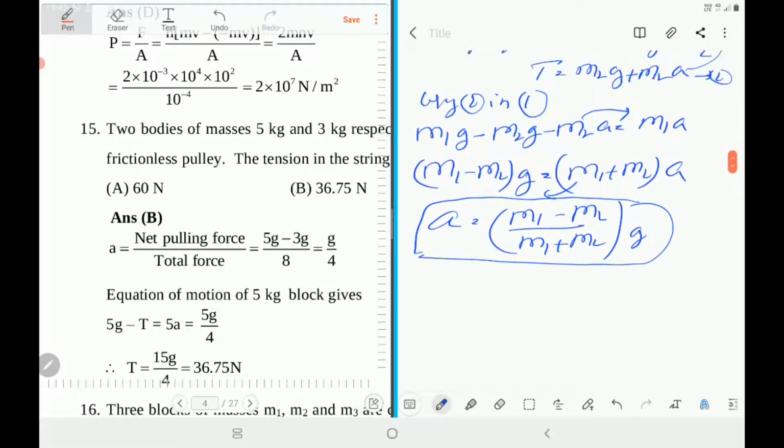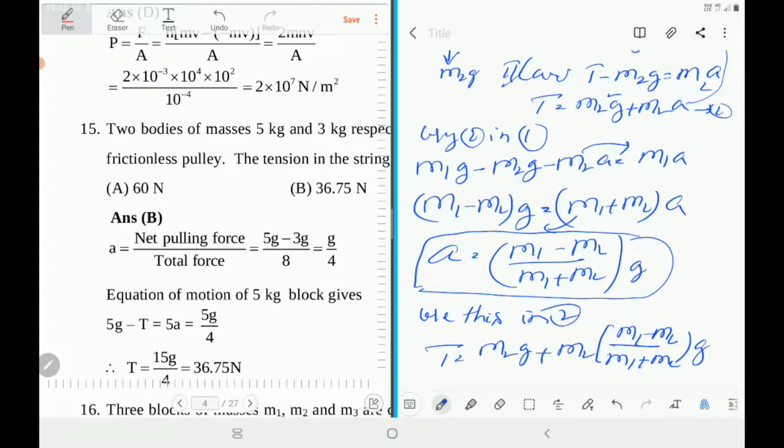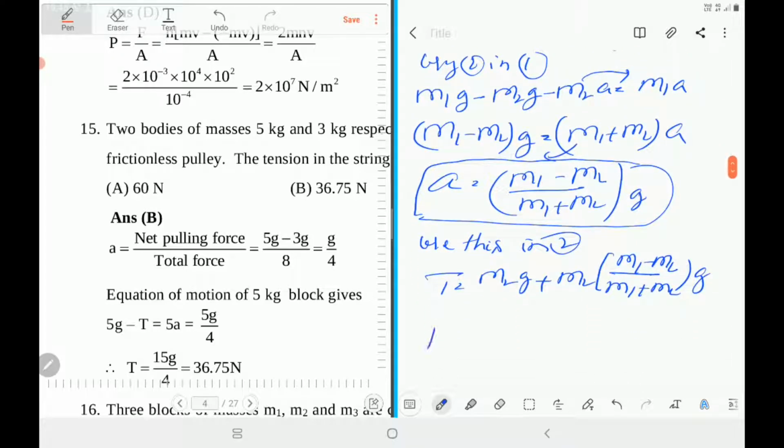This is one equation. Now use this in equation 2, and solve for tension. So tension here, this one, is m2g plus m2 times a. What is a? a is m1 minus m2 divided by m1 plus m2 times g. Now you take the LCM, and the LCM is m1 plus m2.